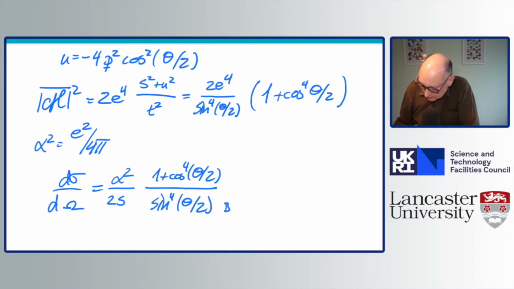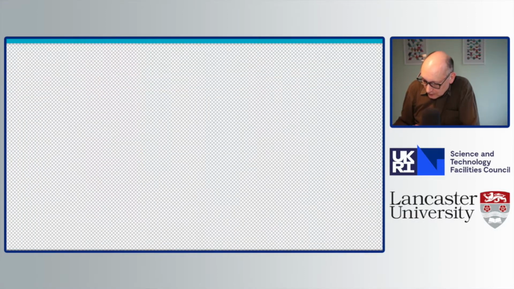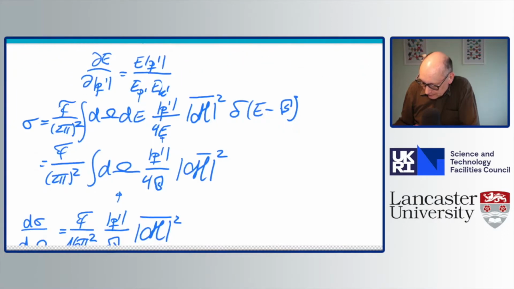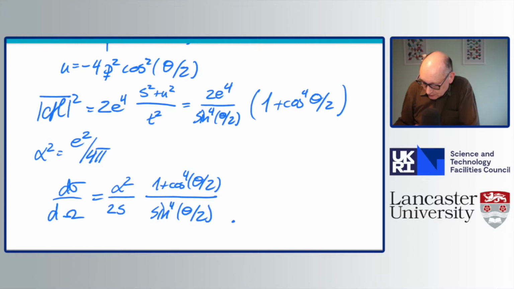So that's the differential cross section for our e mu scattering, for the Coulomb scattering. And that's of course something that could be measured directly and compared with this Born level prediction.